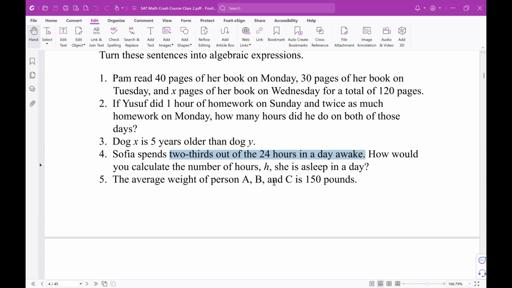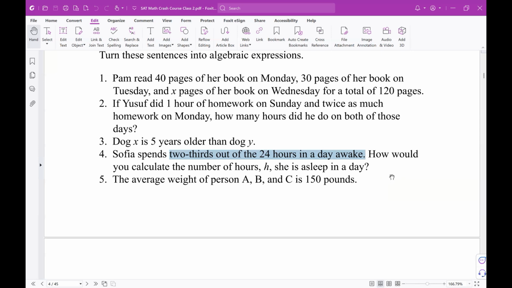But how would you do that? 2 by 3 into 24. It's just simple math. Sorry, divided by 24?